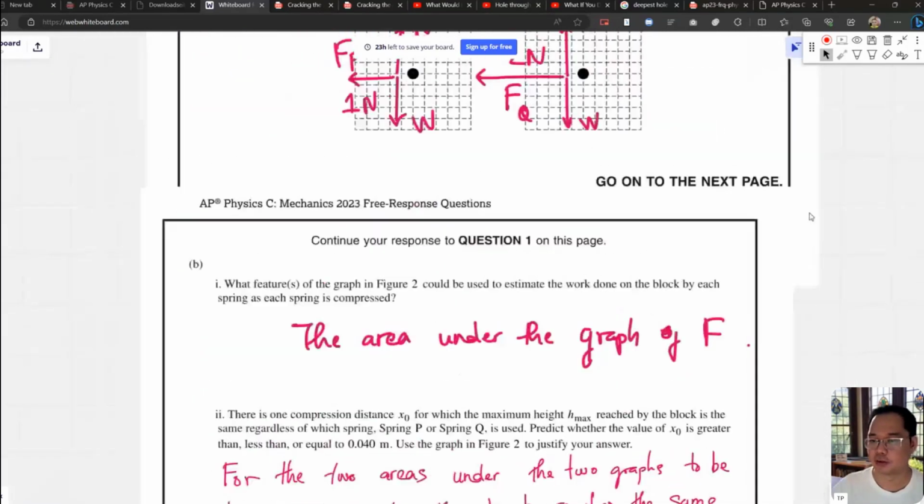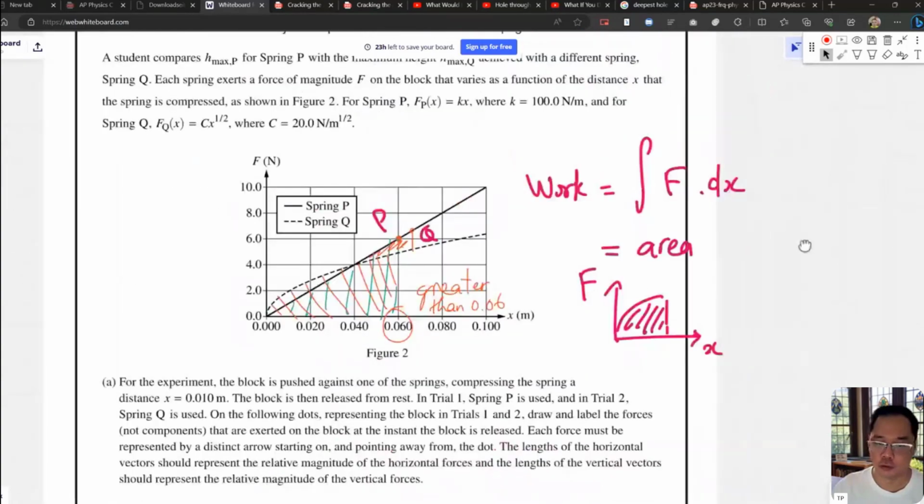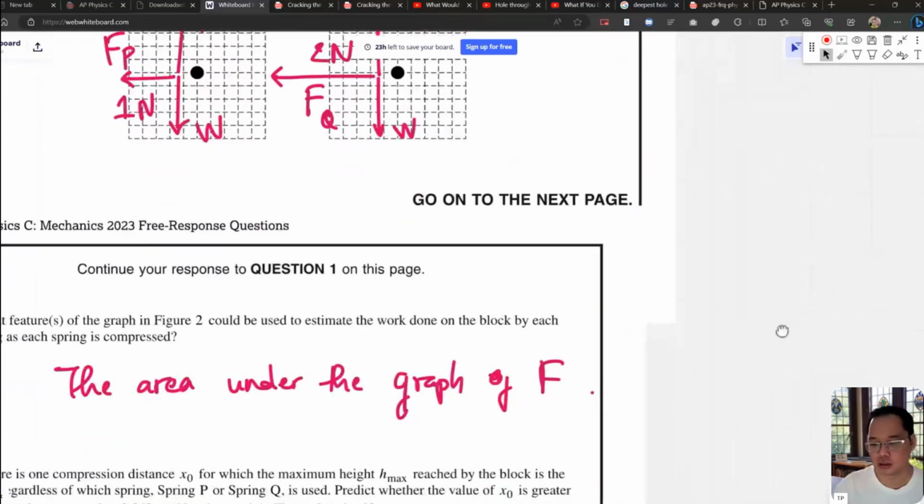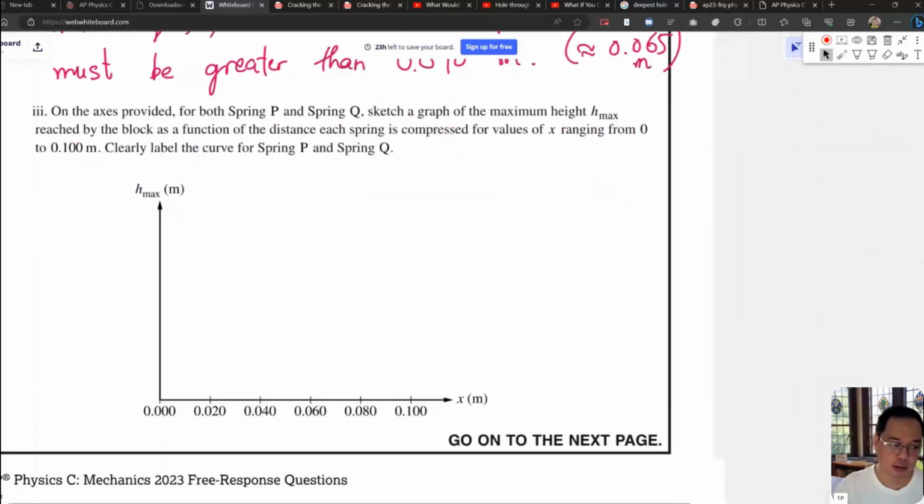Up here we have the graph of the force versus the distance, and the area is the work, and that work will be equal to the maximum potential energy that the object gains when reaching the maximum height.